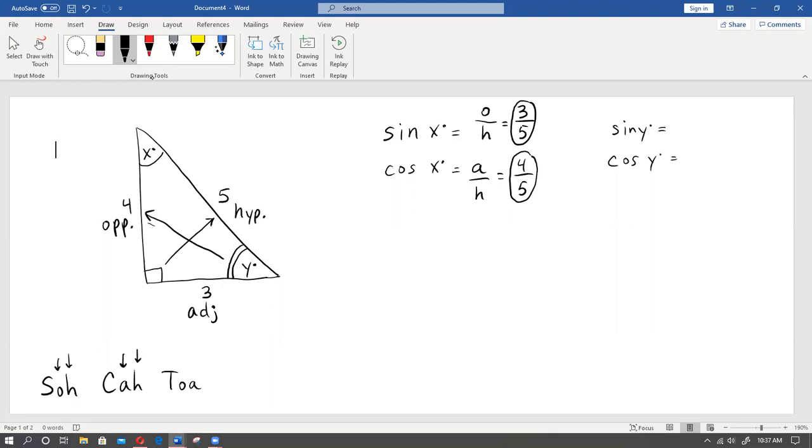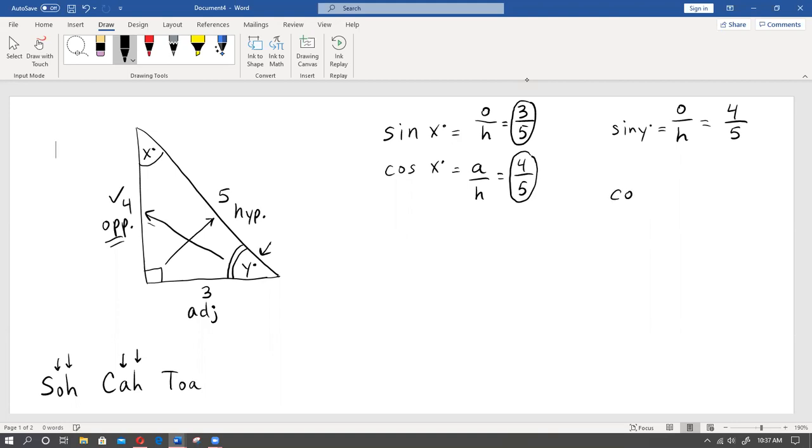Okay? So for the sine of Y, and I wrote these a little too close together. For the sine of Y, it's going to be opposite over hypotenuse. But the opposite for Y is not the same as the opposite for X. So now the opposite is 4 because we're looking at angle Y, and the hypotenuse is still 5.